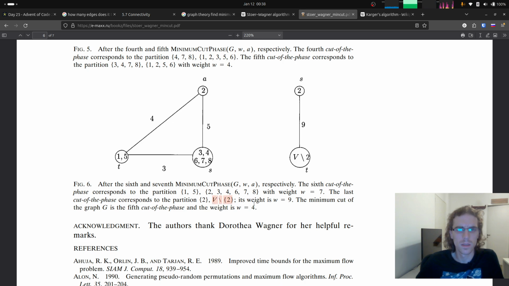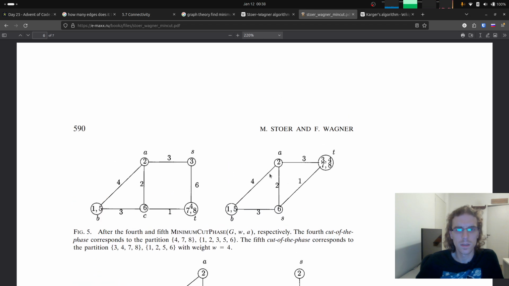Its weight is 9. The minimum cut of the graph G is the 5th cut of the phase, and the weight is 4. So the 5th one of this was the minimum weight. Wow. Interesting. It was this one.